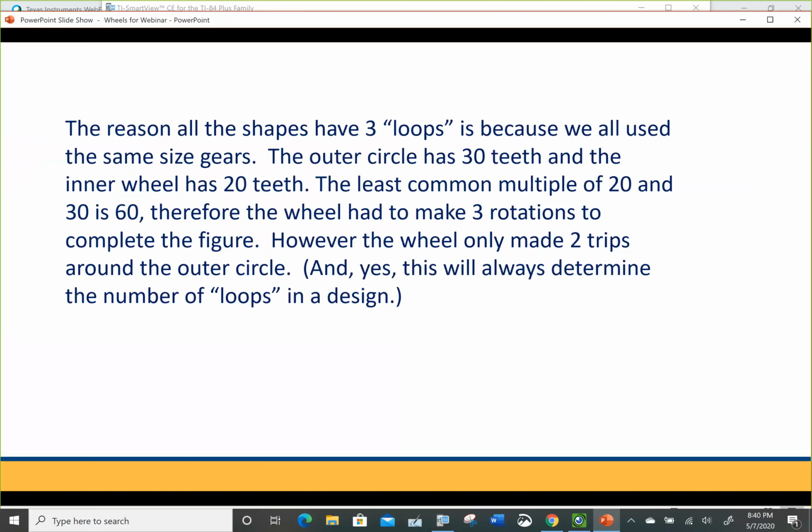However, the wheel only made 2 trips around the outer circle. I think this is a cool application of least common multiple: you take the least common multiple and then divide it by the number of teeth in the small gear to figure out how many loops you'll have in your spirograph shape.